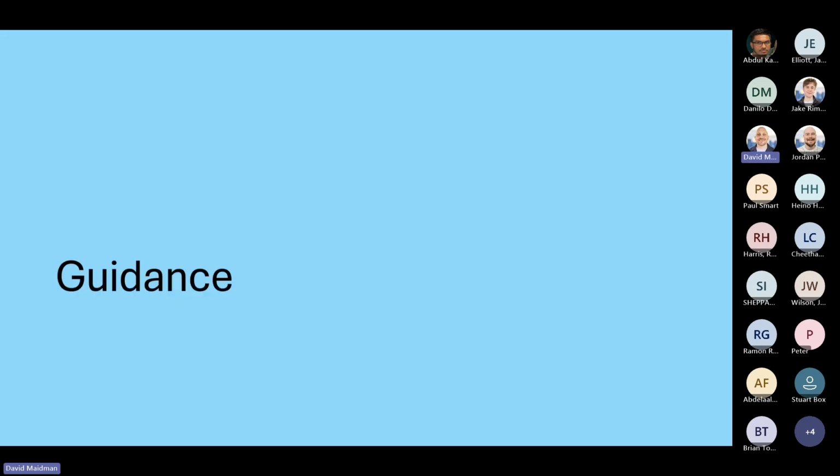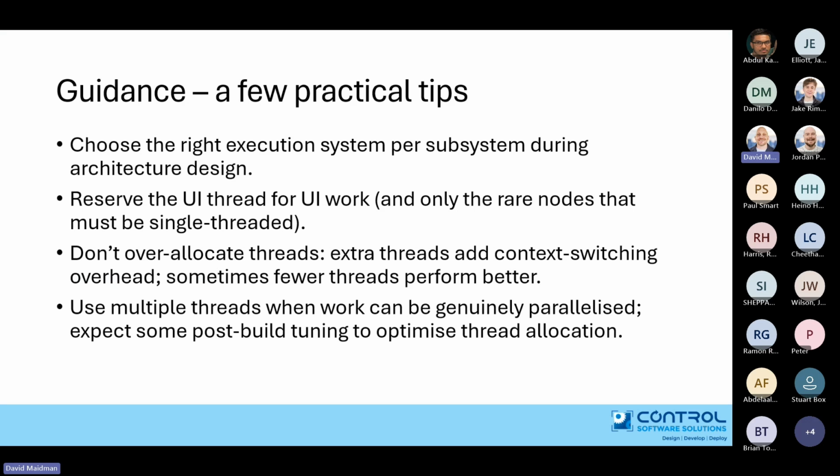Okay, so just some general guidance. I've picked up a few practical tips. If you're going to segregate this stuff, pick the right execution system for each subsystem during your architecture design. If you remember, you don't have to change the execution system for all the lower level VIs.